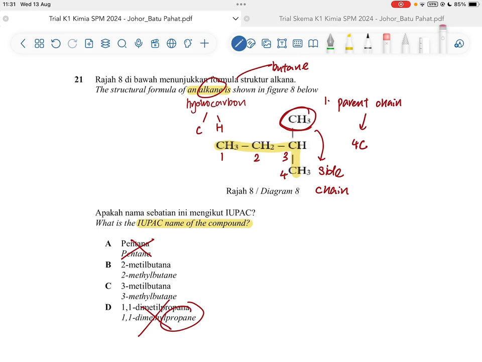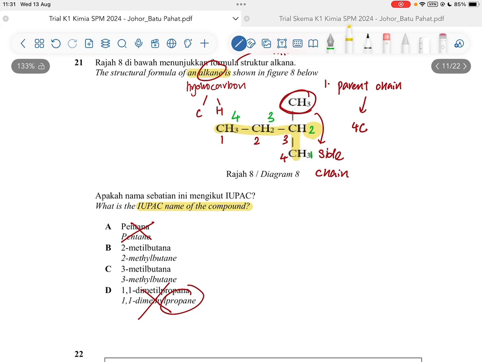For the red numbers, it is 1, 2, 3, and 4. But if we start from the green color, from this side, it is 1, 2, 3, and 4. So the answer would be 2, because we need to choose the smaller number for the side chain. Between 2 and 3, definitely 2 is smaller than 3. So the answer for this question will be 2-methylbutane.